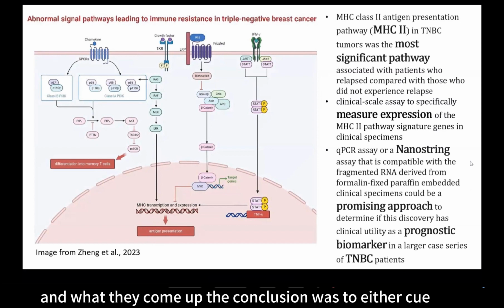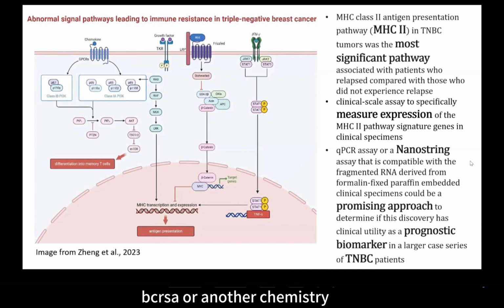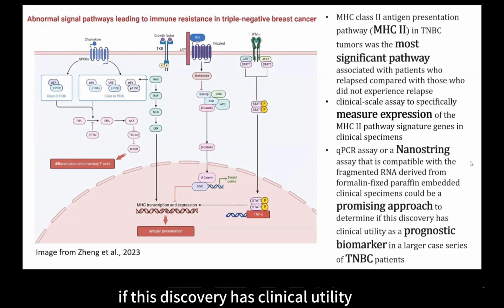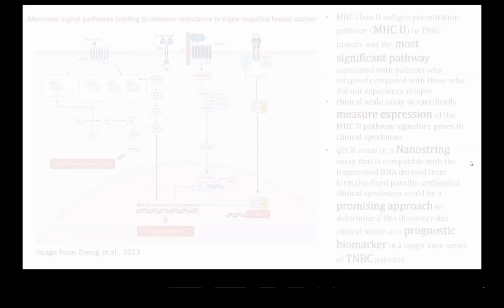The conclusion was that either a qPCR assay or a nanostring assay that is compatible with fragmented RNA derived from formalin-fixed paraffin-embedded clinical specimens could be a promising approach to determine if this discovery has clinical utility as a prognostic biomarker in larger case series of TNBC patients.